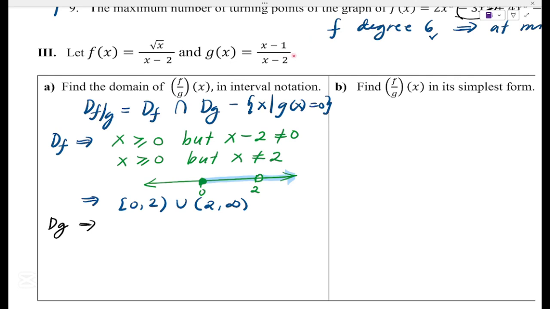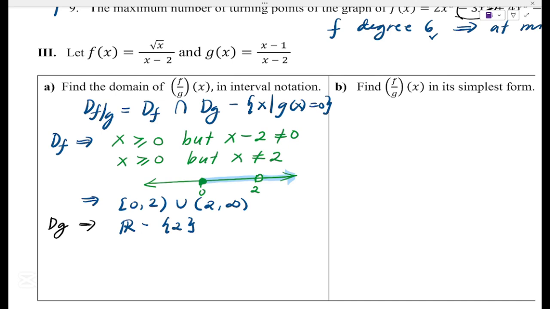Then for the denominator, even though this is a polynomial whose domain is all real numbers, take note again that this x minus 2 cannot be 0. So the domain of g is all real numbers except 2.